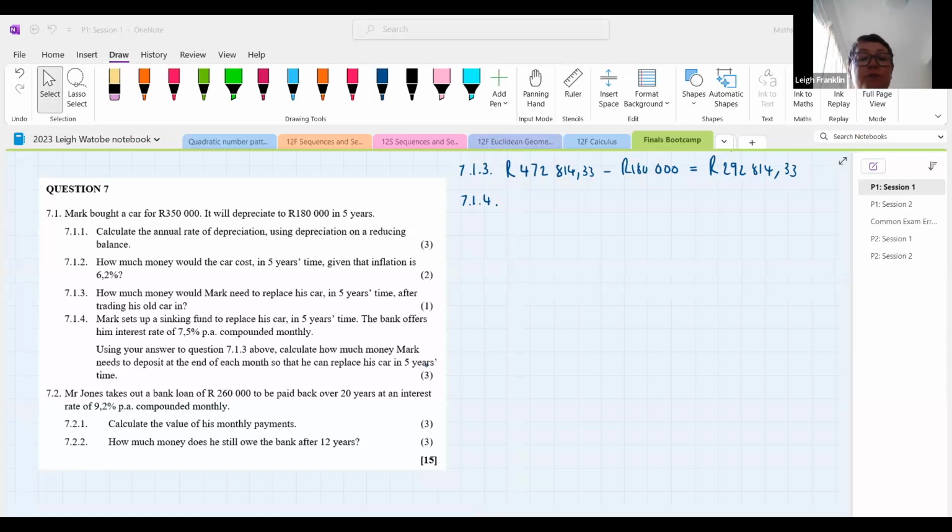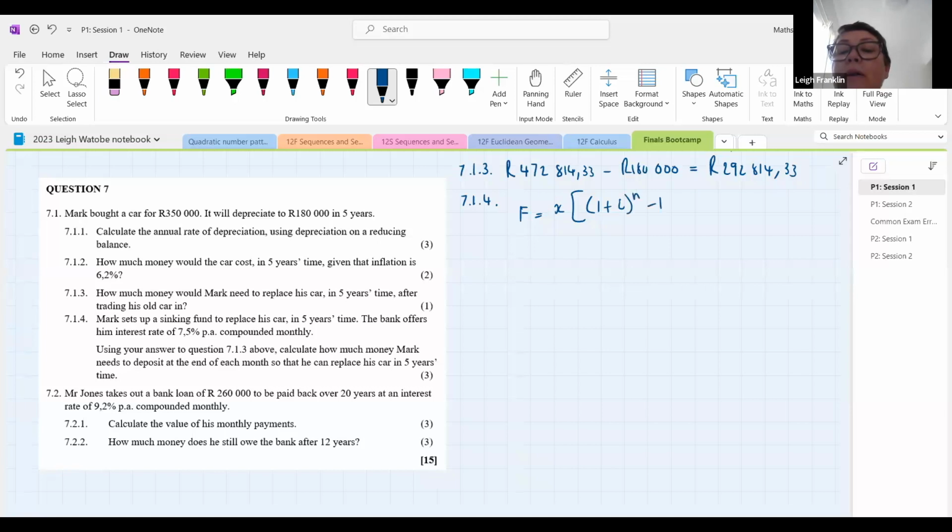Okay, so we've got to use the future value formula. Our future value formula is F, the future value, is equal to x, and over here we've got (1 plus i)^n in brackets, minus 1, and all of that is then over i, isn't it?